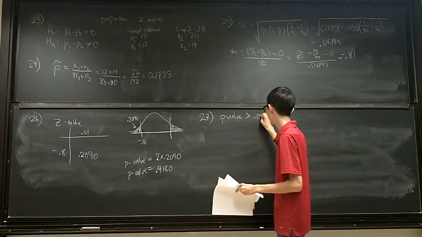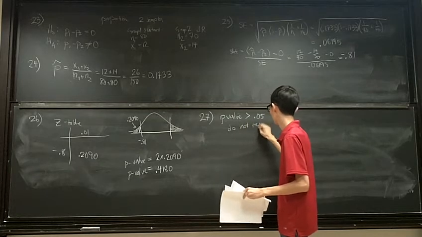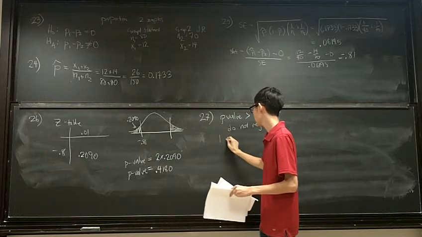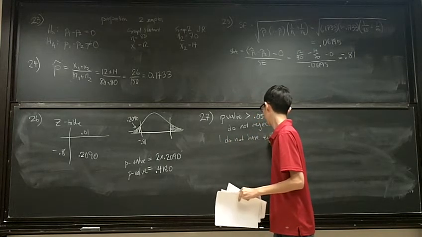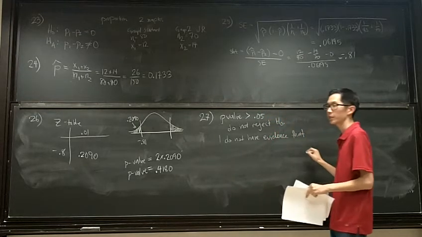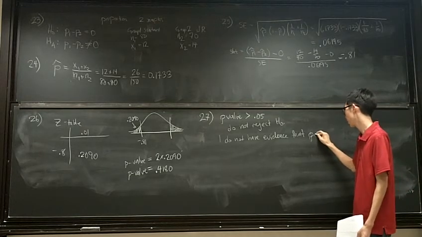P-value is bigger than 0.05, so I do not reject the null hypothesis, and I do not have evidence that the proportion of cherry candies is different between Jolly Ranchers and Starburst.